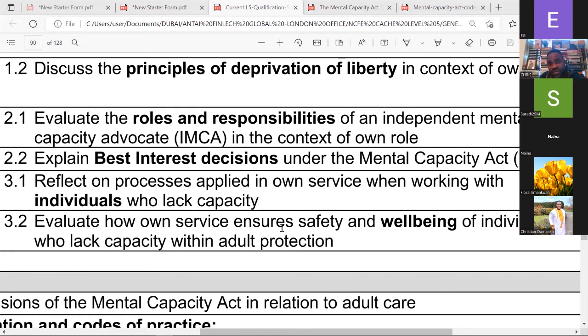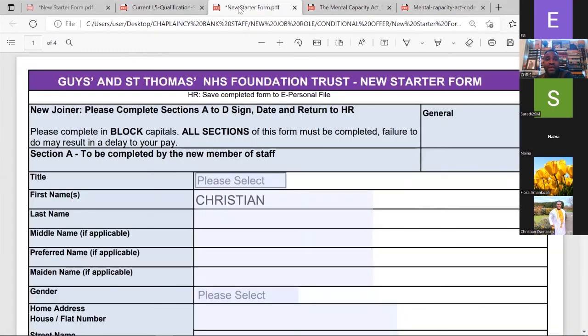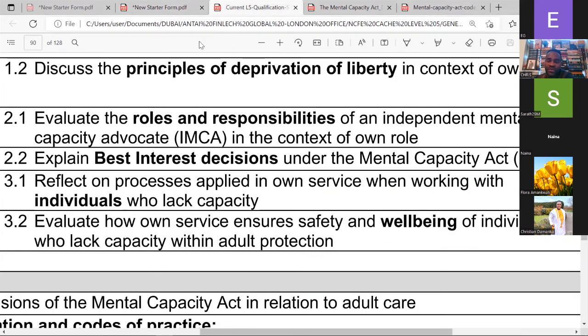You talk about a little bit of restraint, because if they are posing risk to themselves and to other people, do you think that their freedom and their liberty needs to be withheld in order to ensure that they receive the best care and support that they need to receive? You have to think about all of those.